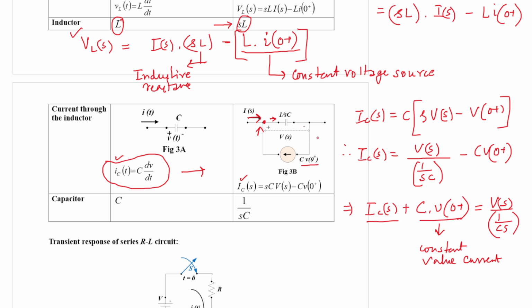The voltage appearing across that capacitor, which is V(s), divided by the capacitive reactance, which is 1 by Cs.